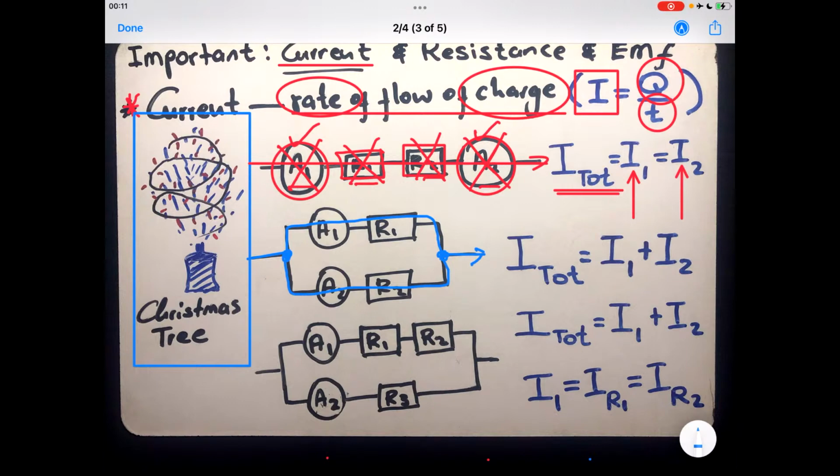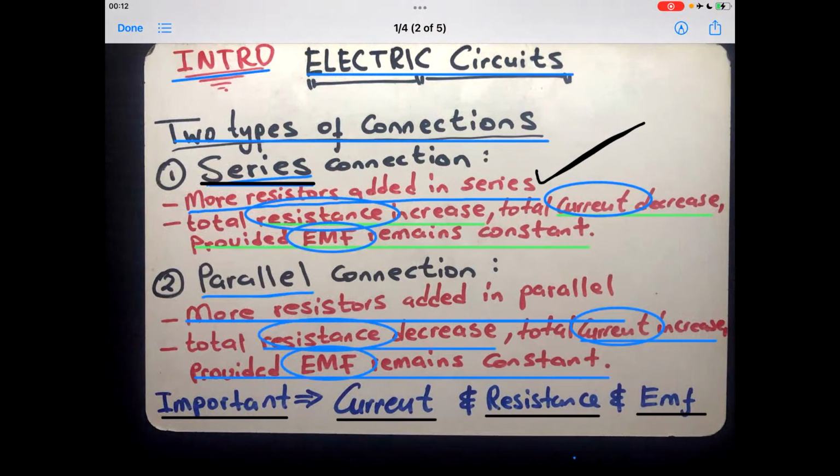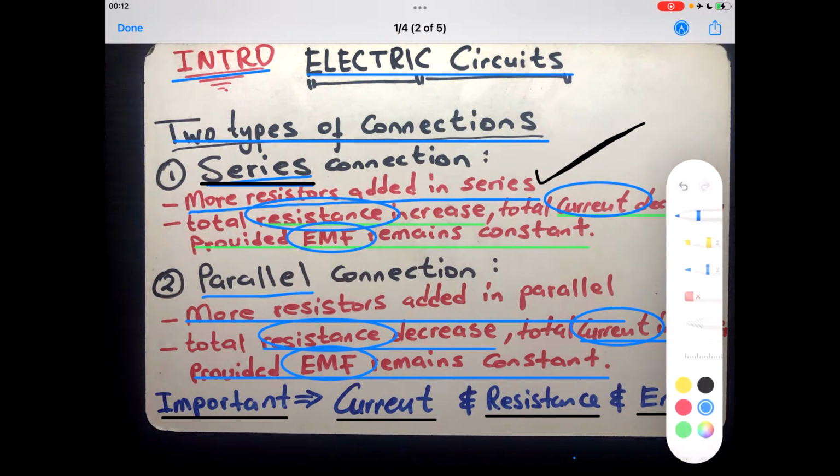So now you might need to realize that in this case you are having another type of connection, being a parallel connection. That's where more resistors are connected or added in parallel.